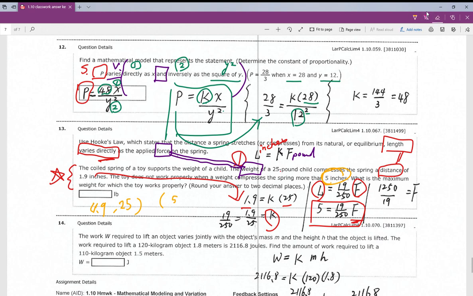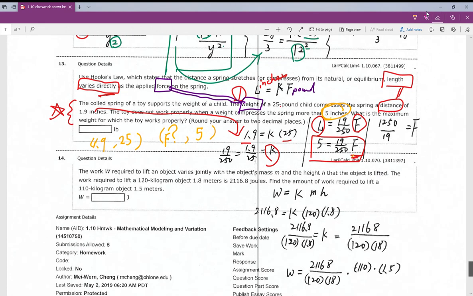And then after you find the k, you want to figure out when length is 5, what's the force? So you want to solve for the force, this F. Okay, so you need to read the question to fully understand the whole thing.